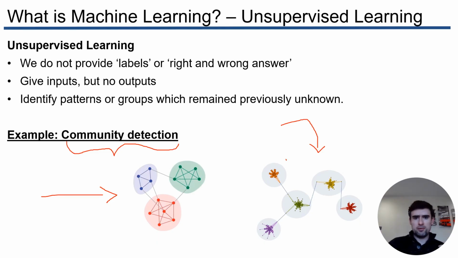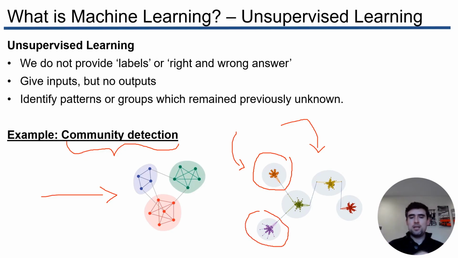So maybe Facebook would be able to say, okay, this is probably your group of friends from football, because maybe you also have in the chat that ball or match gets mentioned a lot. Maybe you have another group of friends who are also friends amongst them, but then in this case there are a lot of words like assignment or homework, so this is probably your school group of friends, and so on. And again, here you would only provide the network, and then the algorithm is able to detect these different communities automatically, and that's why it's called community detection.